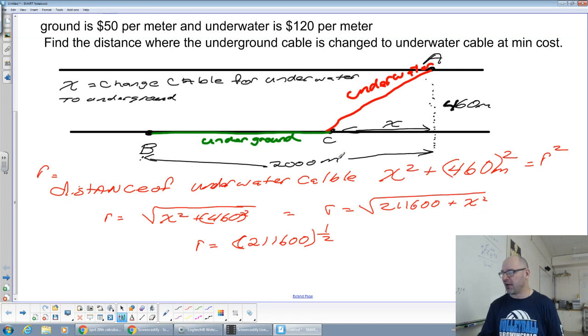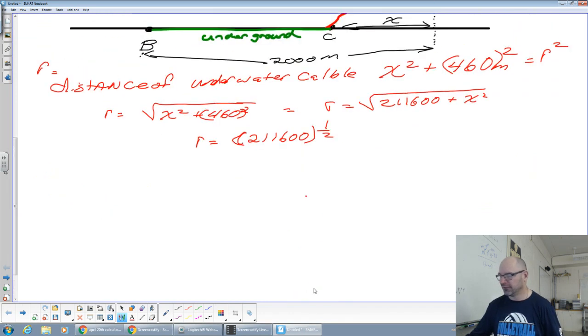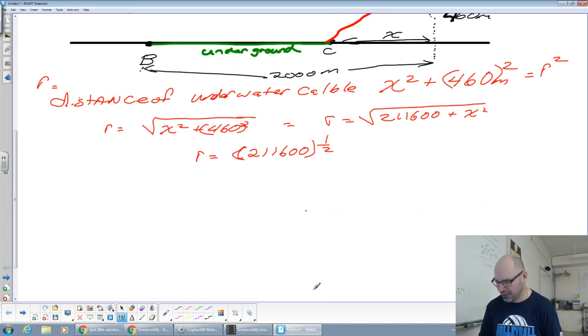The distance under the ground is simply 2,000 minus x. That's way easier to do. So let's call the distance under the ground d.